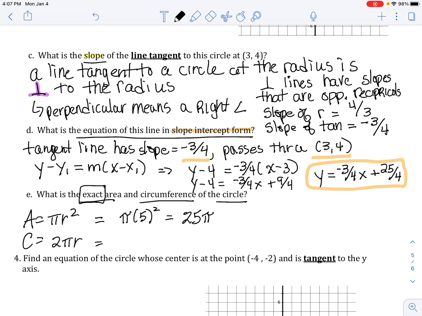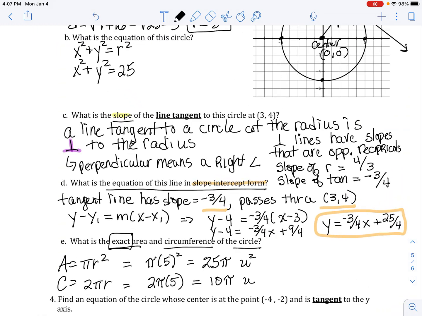Notice it said the word exact. So we are not using 3.14. We are not using our calculator. This is called exact. So we just leave pi in our answer. For circumference, 2 times pi times 5 is going to give me 10 pi. This would be units squared, and that would be units.